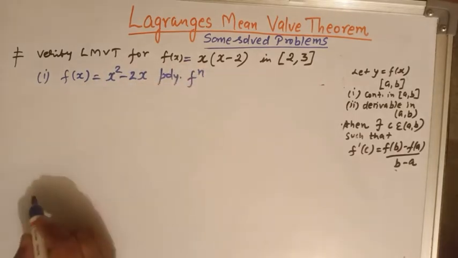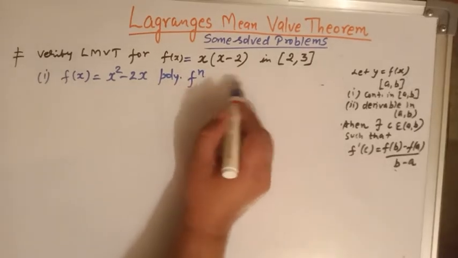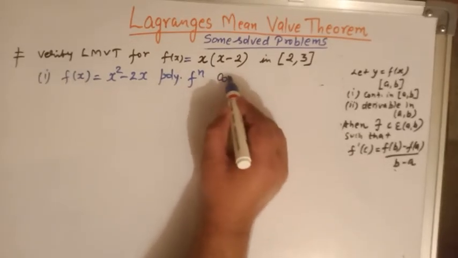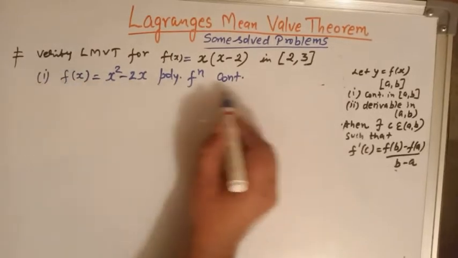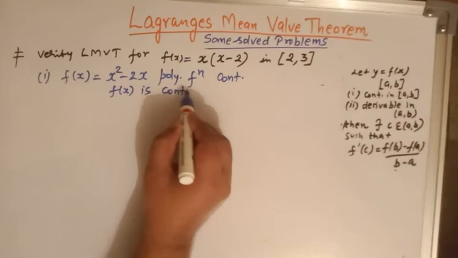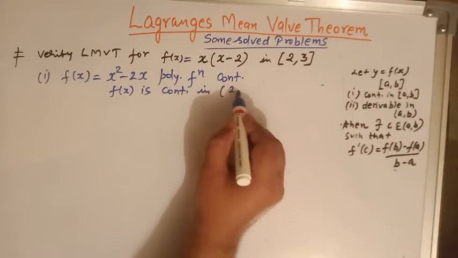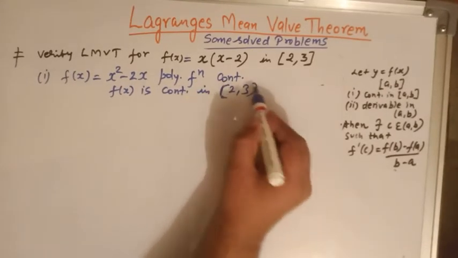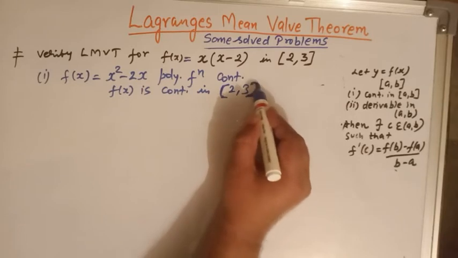All polynomial functions are continuous. So therefore f(x) is continuous in 2 comma 3. Clear? This is the closed interval.